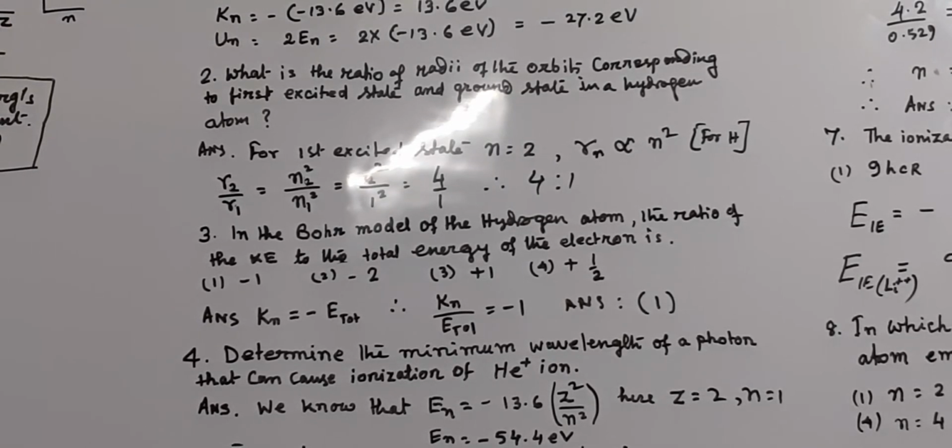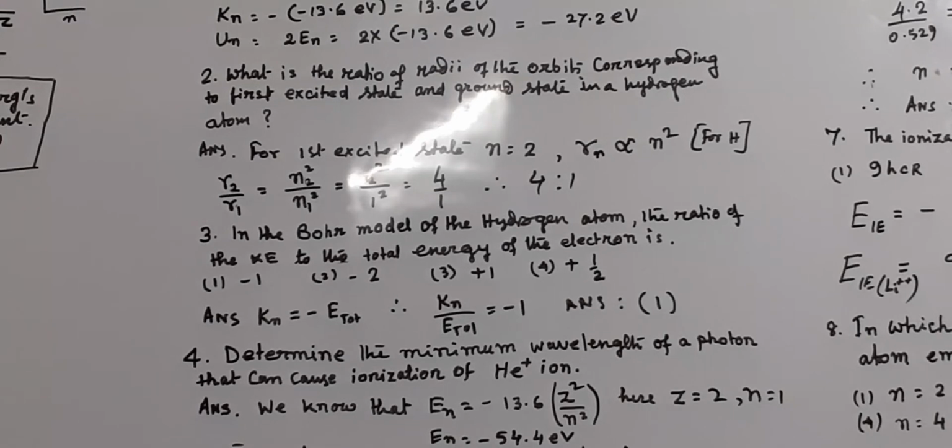Here for first excited state n equal to 2, we know that r suffix n is proportional to n square. Using this formula, we can write R2 by R1 equal to n2 square by n1 square, and n2 equal to 2, so 2 square divided by 1 square will give us 4:1.